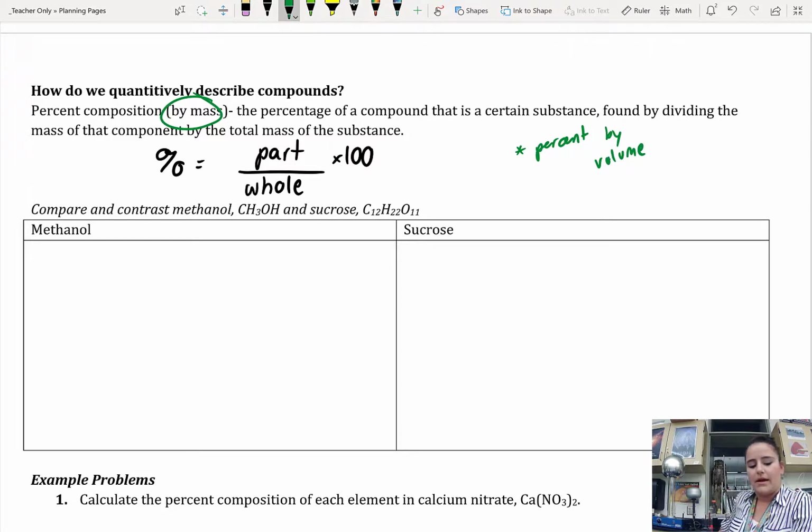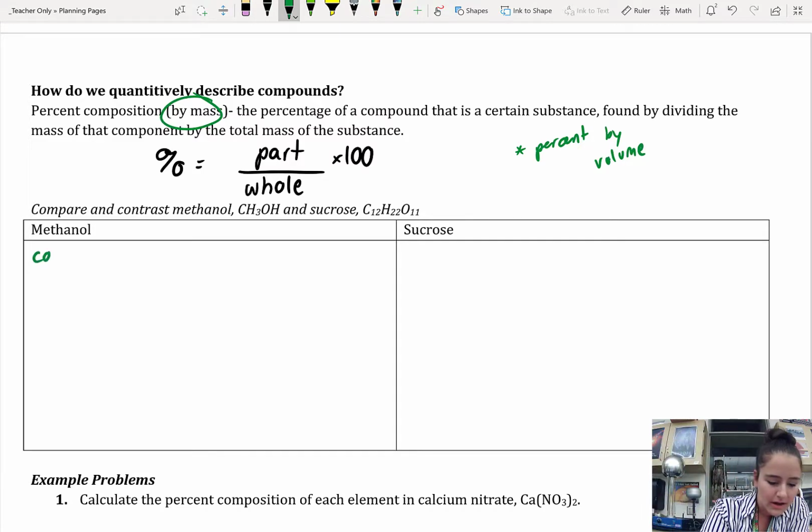So let's compare and contrast two compounds, methanol, CH3OH, and sucrose, C12H22O11.